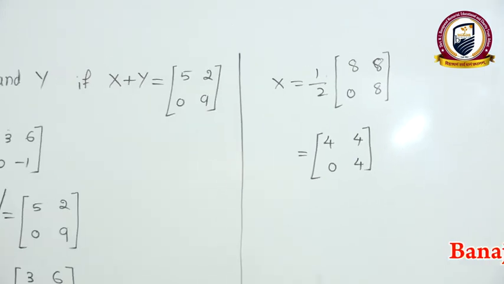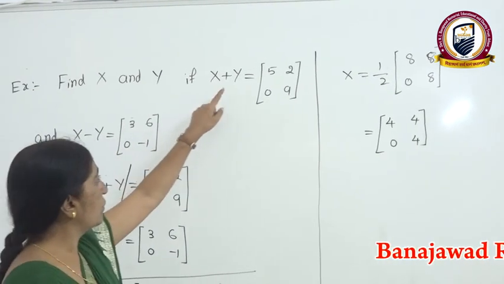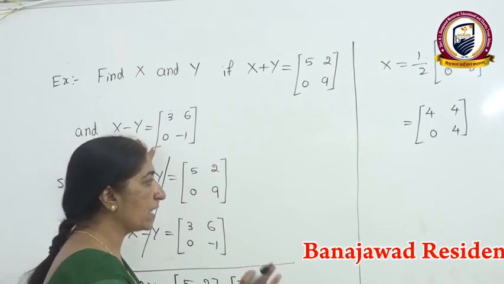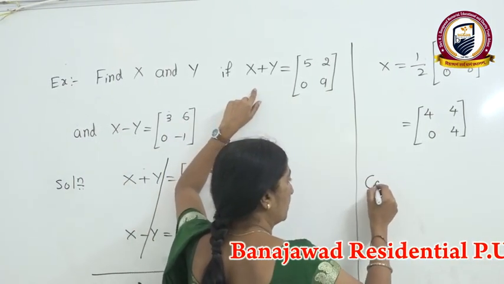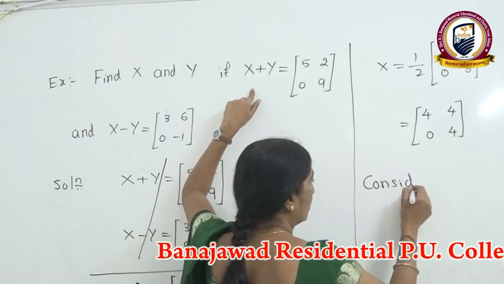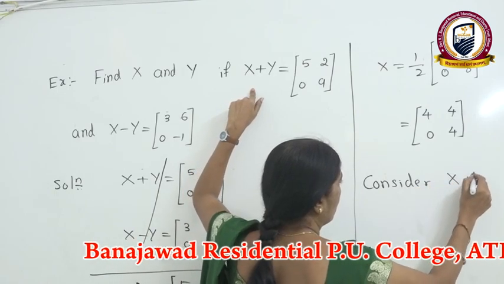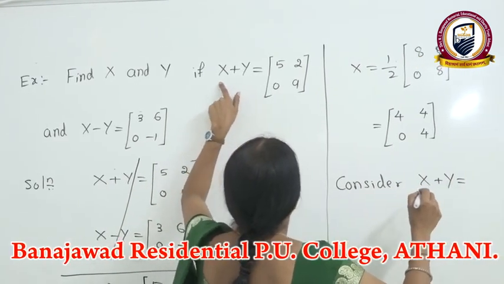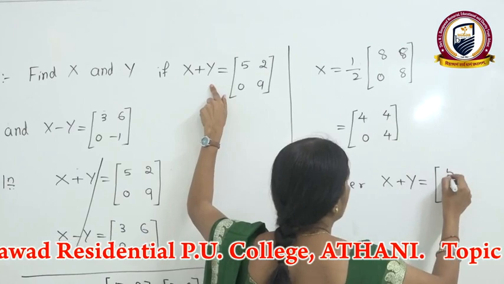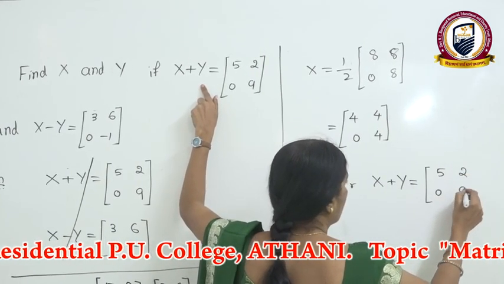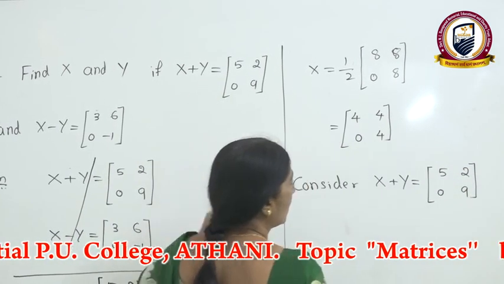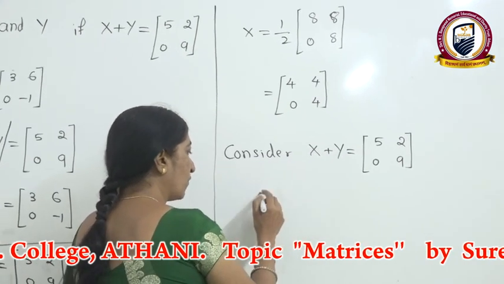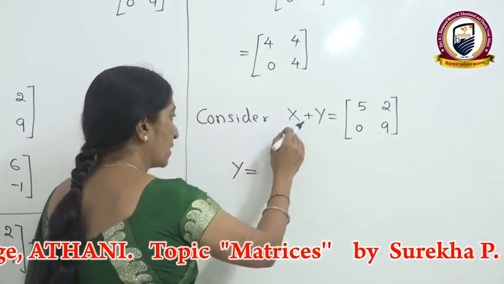Then when you are finding the matrix Y, out of these 2 equations, consider any one. So I am writing the first one. What is the first one? X plus Y is this. Yes. And we are finding Y. For that, keep Y on the left side, take X to the right side.